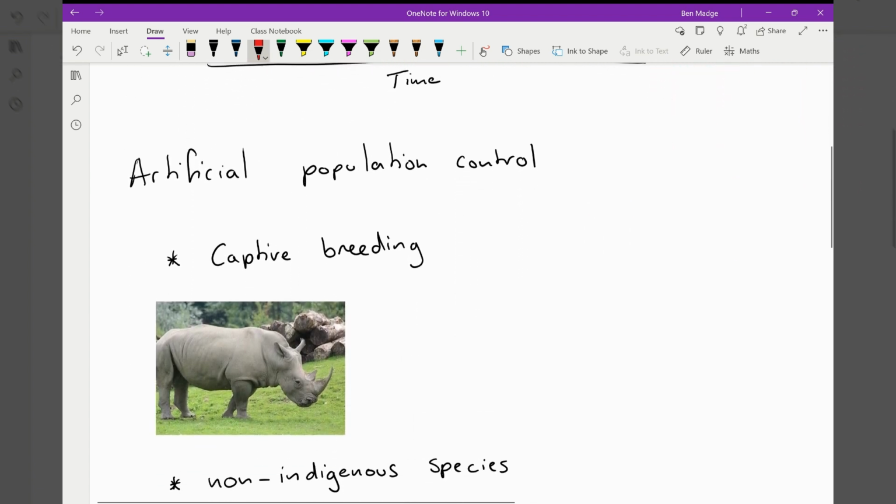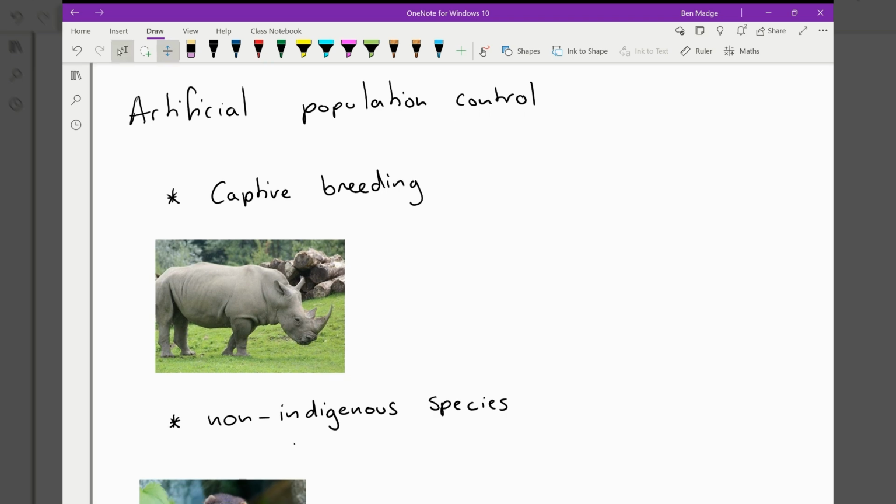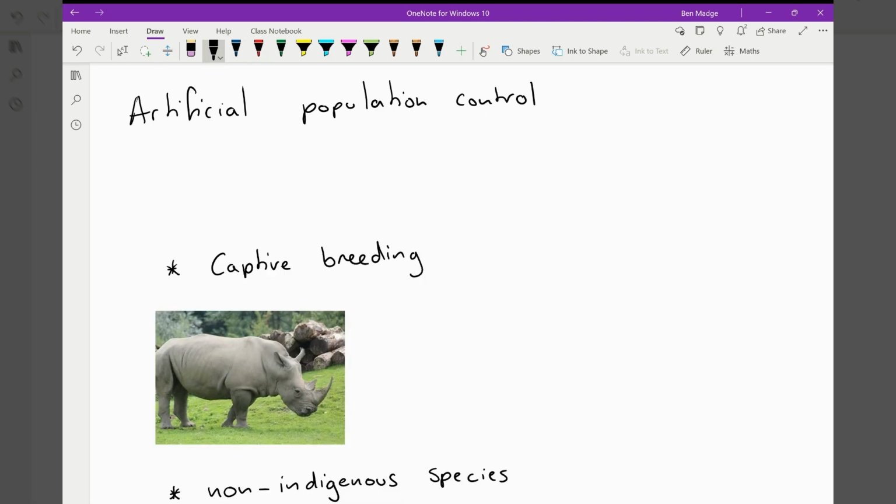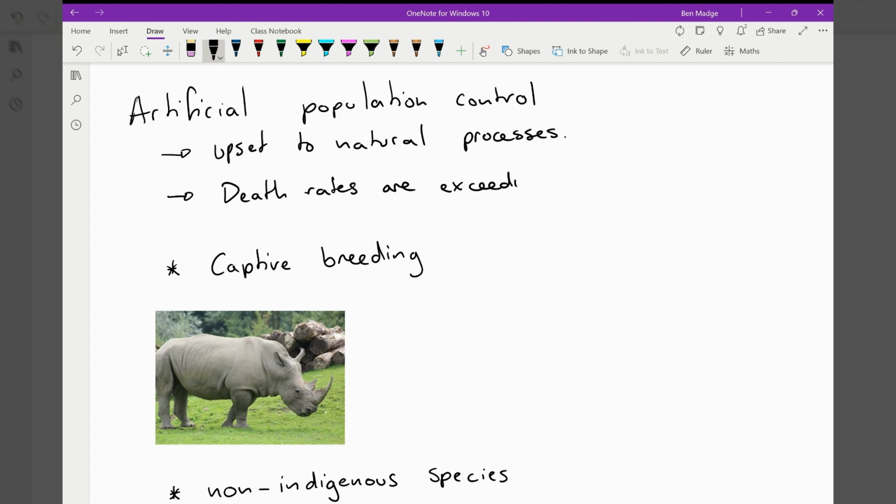is artificial population control. Now, there's a couple of instances when we might need artificial control, and it's usually because there's been some sort of upset to natural processes, and I'll explain that a bit more in a minute, or death rates are exceeding birth rates.